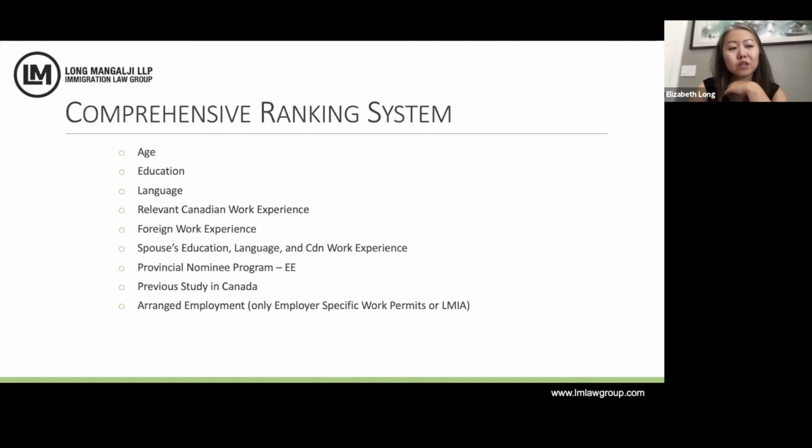To get arranged employment points, you need to have either an LMIA or an employer-specific work permit. Now, a lot of students come to me and they say, well, I think I can ask my employer to do an LMIA for me. LMIAs are very specific. They require the employer to recruit Canadians and show that they can't find a Canadian to do the job.